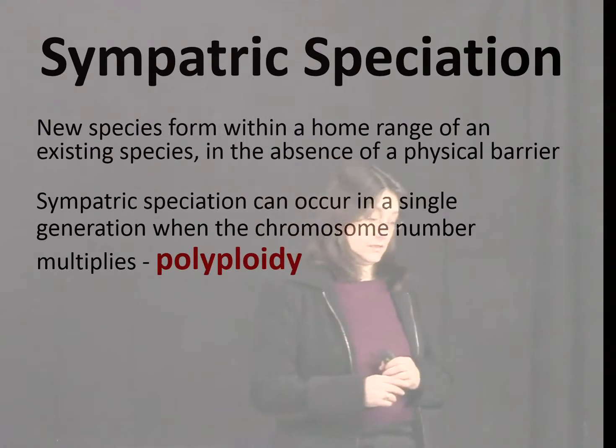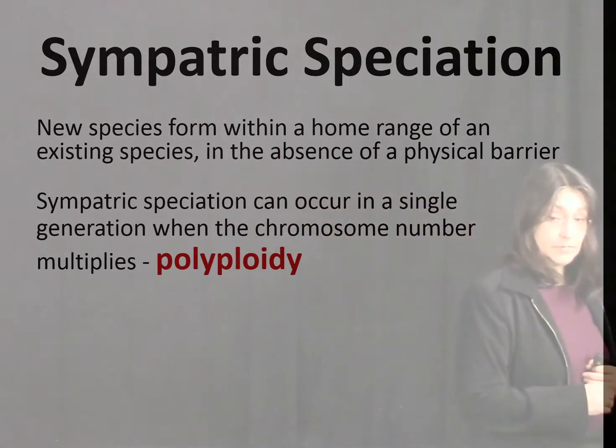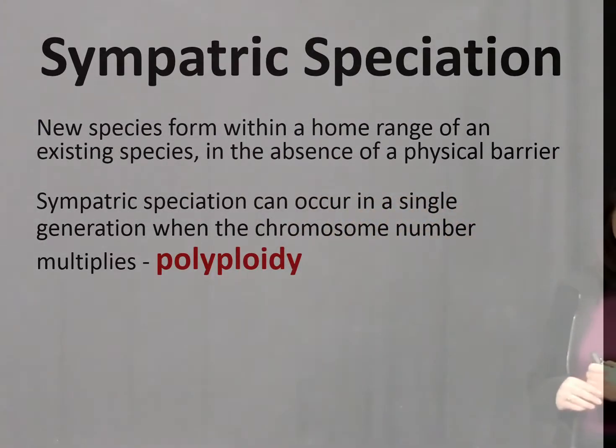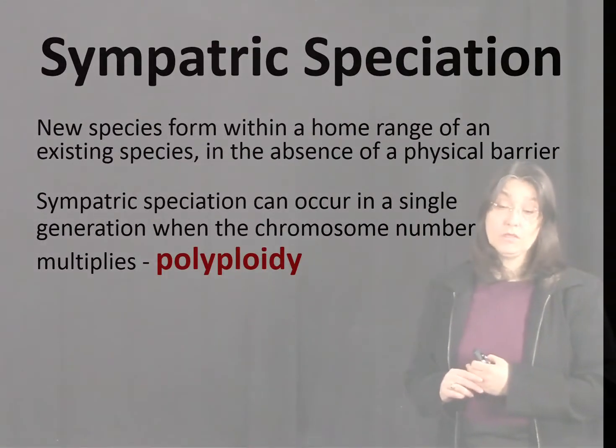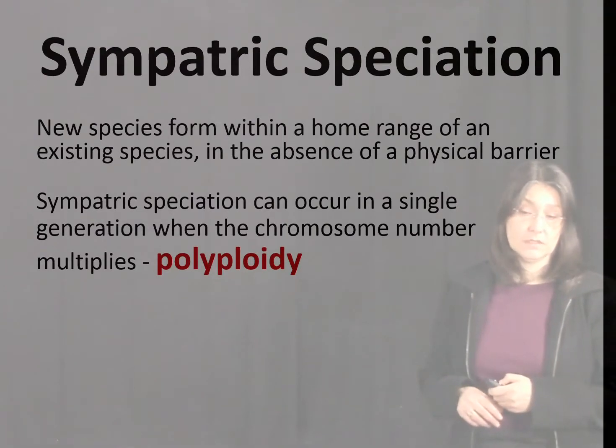The simplest type of sympatric speciation to understand is caused by a doubling or increase in ploidy, or the number of sets of chromosomes, which we call polyploidy, and we'll discuss this in a minute.